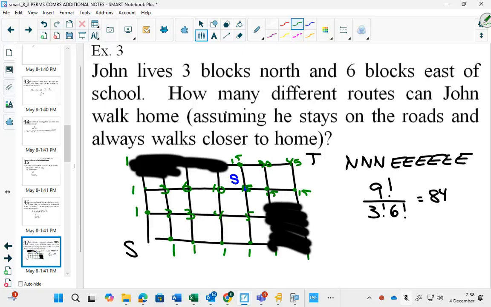Can you see the number of pathways that don't go through this point would be all of them, 84, minus the 45 that go through that point. If you take away those 45, what would be left would be all the pathways that don't go through that dot. So we can add different restrictions, which makes the question a little bit harder, but we can still use our counting strategy to figure it out.